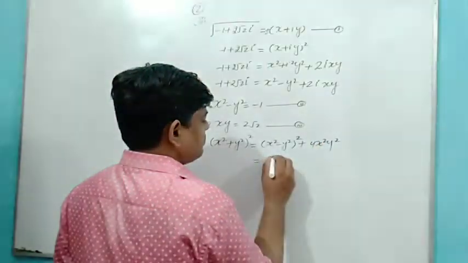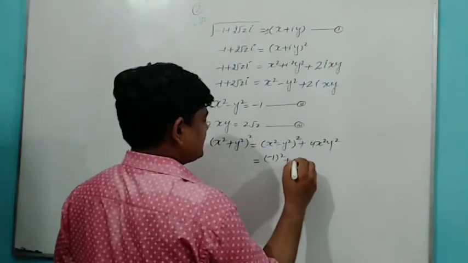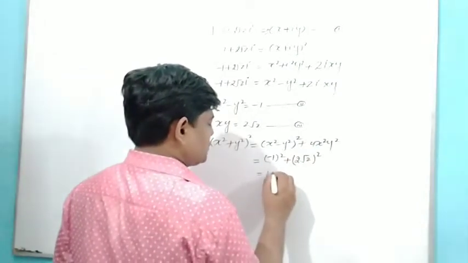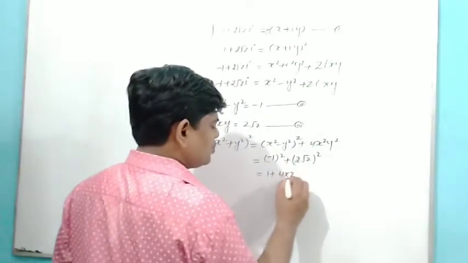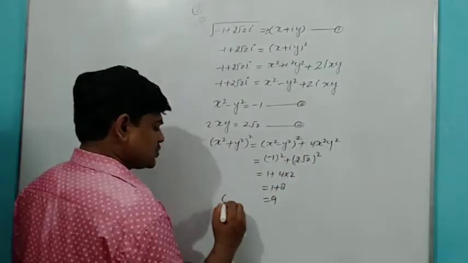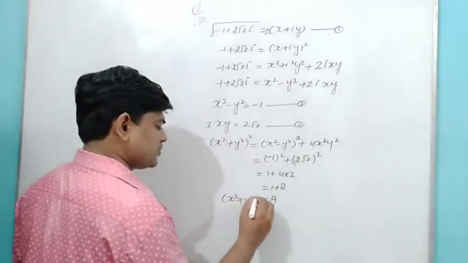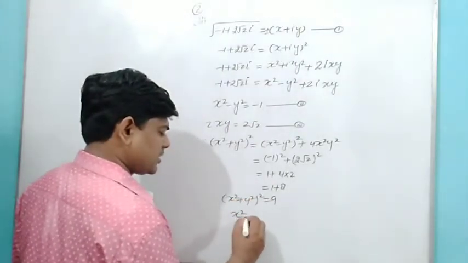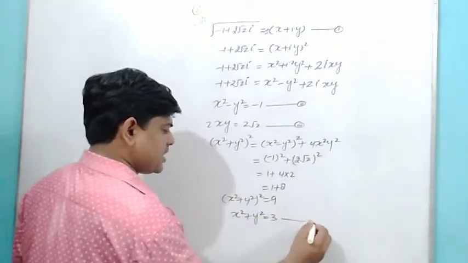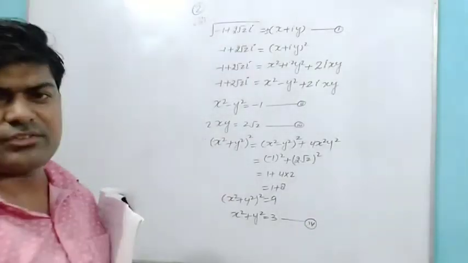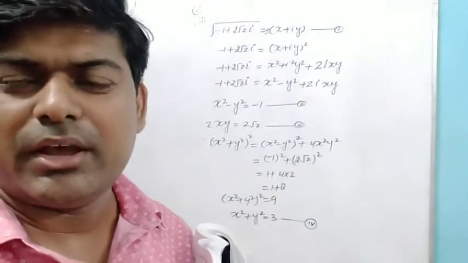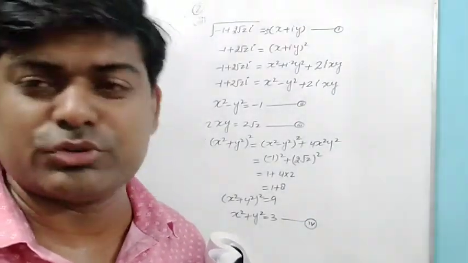This is minus 1 the whole square plus 2 to the square. 1 plus 4 into 2, this is 1 plus 8, it is 9, and this is the value of x square plus y square the whole square. So x square plus y square will be 3. If you write plus minus 3, it will be wrong, because x and y both are real numbers, and the square of a real number is always positive.